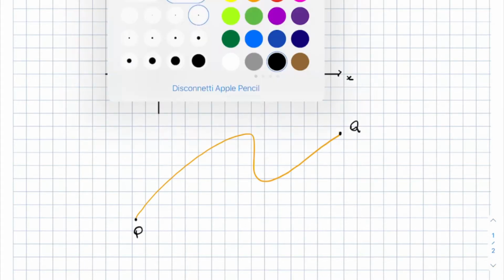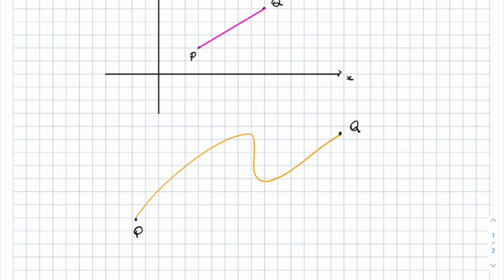So let's say that we pick a lot of points on this curve and I'll call them P1, P2, P3, and so on, and we pick as many as we want, with the only restriction that they must be on the curve. Let's call the last one Pn.